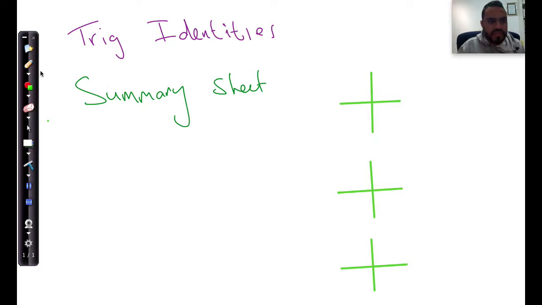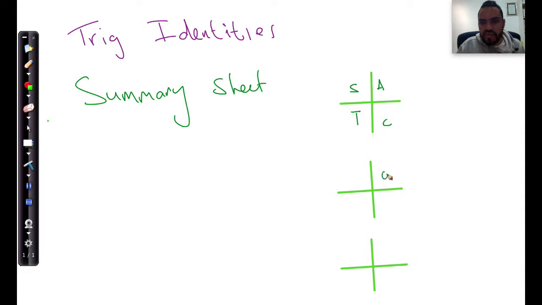From the summary sheet, you know about the ASTC diagram, or the CAST diagram. All ratios are positive in the first quadrant, only sine is positive in the second quadrant, tan is positive in the third, and cos is positive in the fourth.